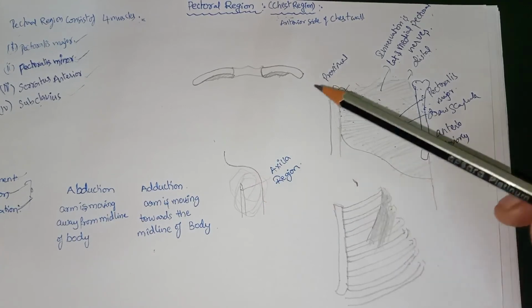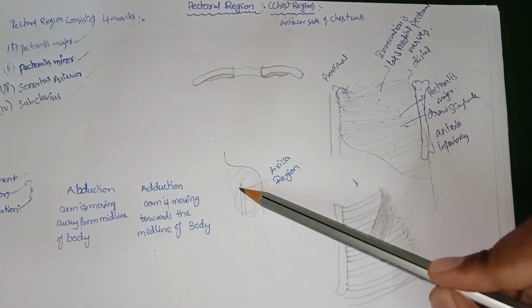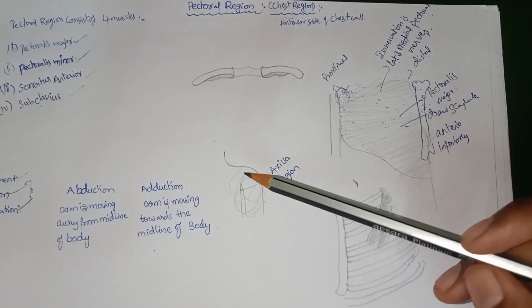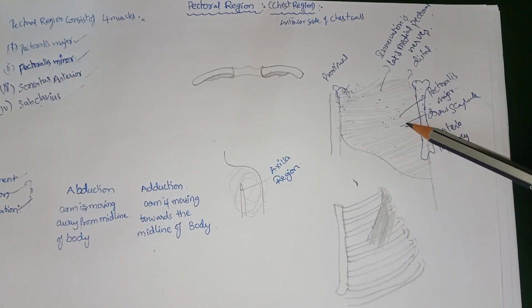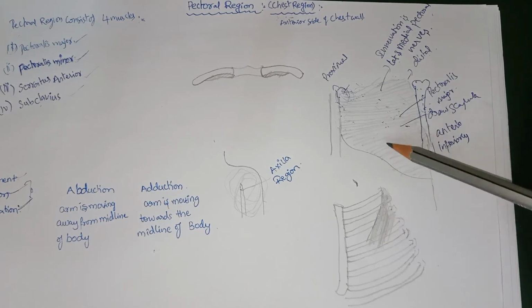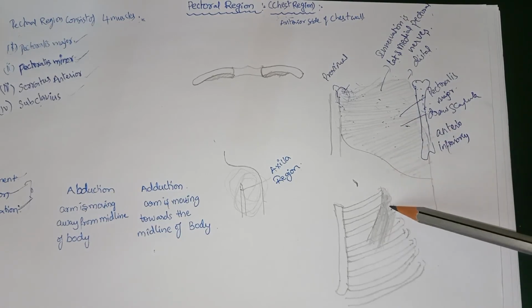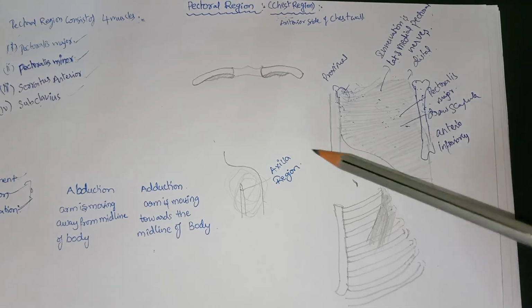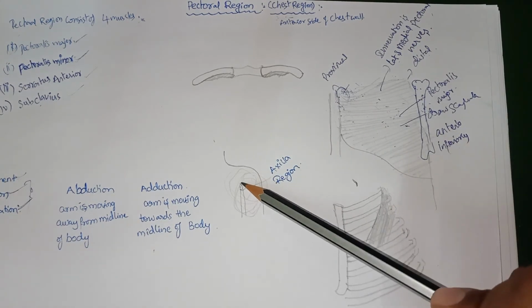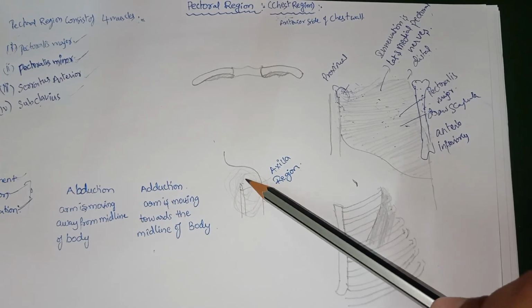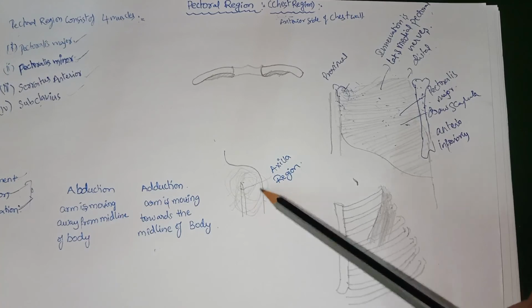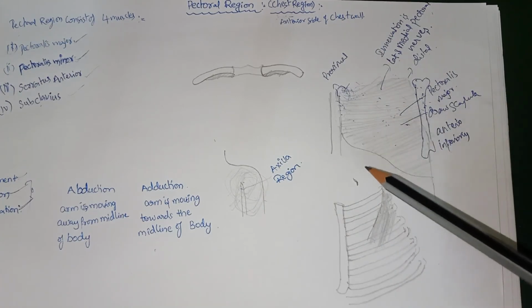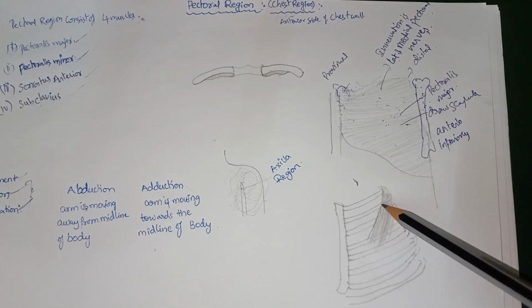I am not a great artist, but this armpit region is called the axilla region. This is the axilla region. They form the anterior wall of the axilla region. Which muscles? Pectoralis major and pectoralis minor muscle.